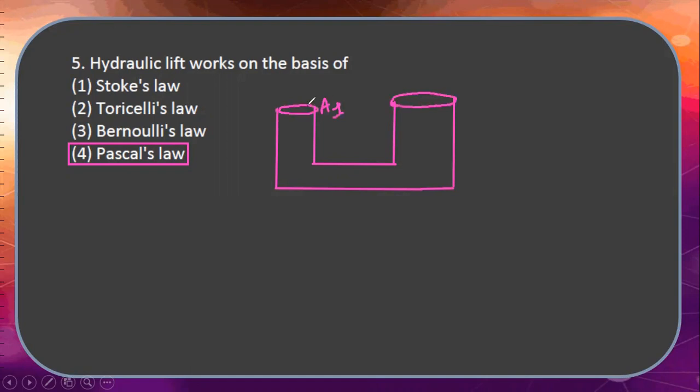So in the servicing stations, they keep the vehicle on the platform. And by changing the pressure at the first cross-sectional area, they apply the pressure, and the pressure will be enhanced for the larger area of cross-section.